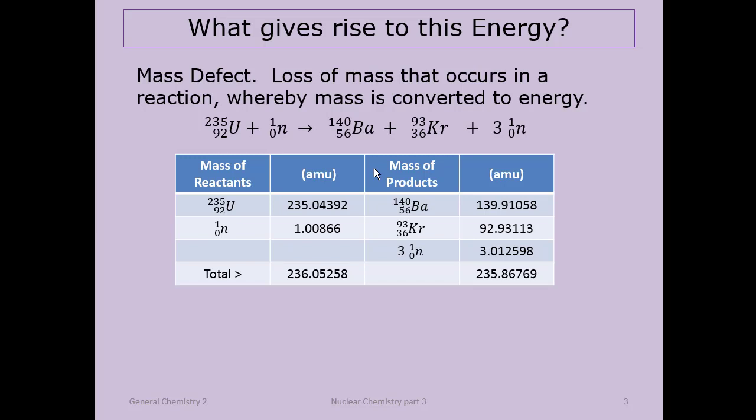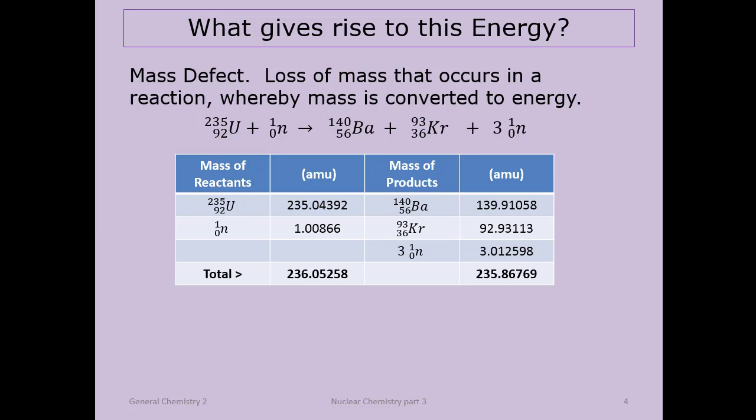If we very carefully measured the masses of all these particles in the reaction and summed up the reactants, you'd have 236.05258 AMUs. If you summed up the products, you'd have 235.86769 AMUs. And that is a small loss of mass of about 2/10 of an AMU.